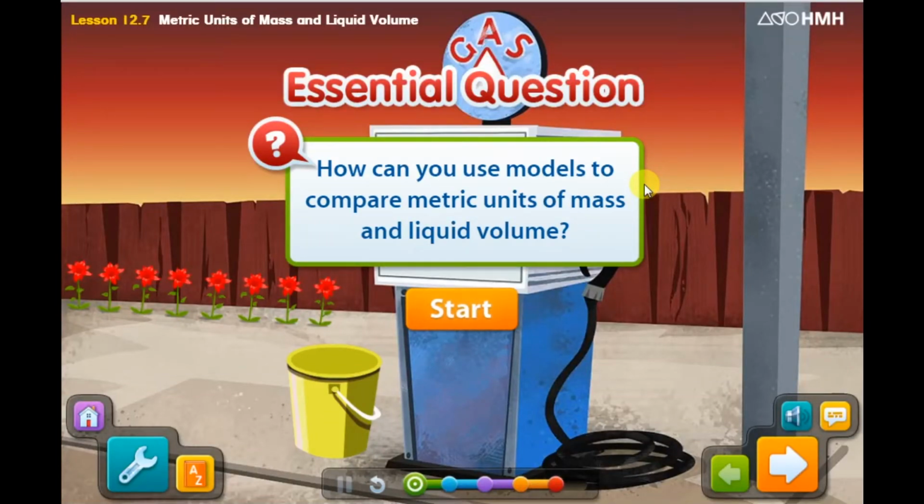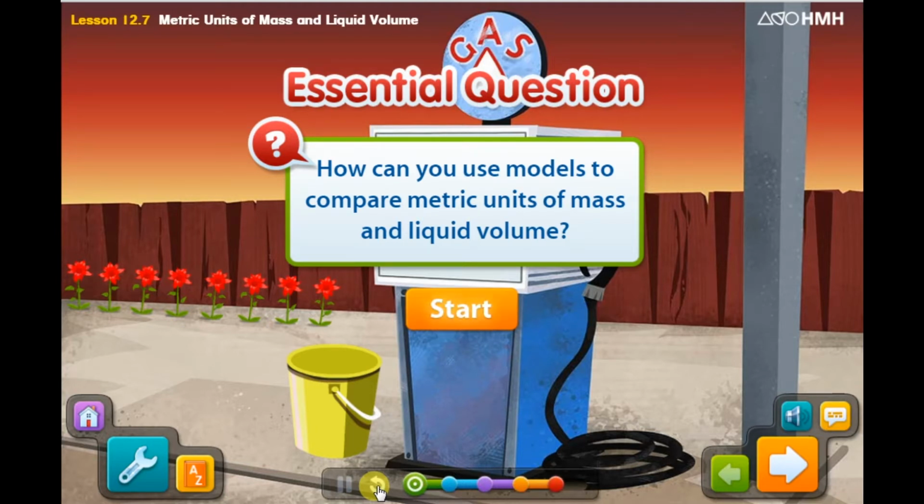Today's topic is about metric units of mass and liquid volume. Lesson 12.7. And our essential question is: how can you use models to compare metric units of mass and liquid volume? So today we're gonna learn how to compare and convert between the metric units of mass and liquid volume.